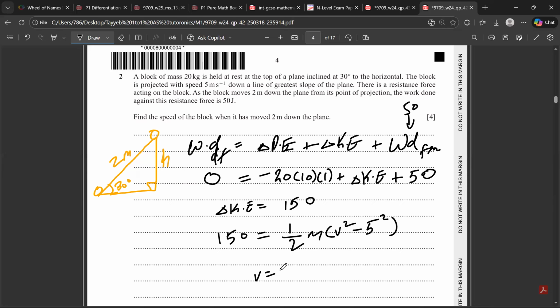It will be 6.32. That's correct. Got it? All clear? You can take notes.